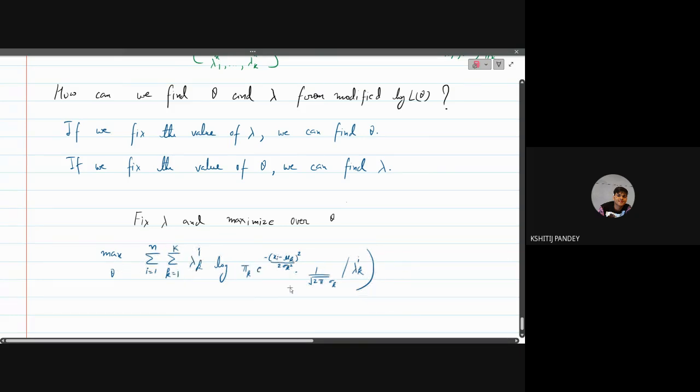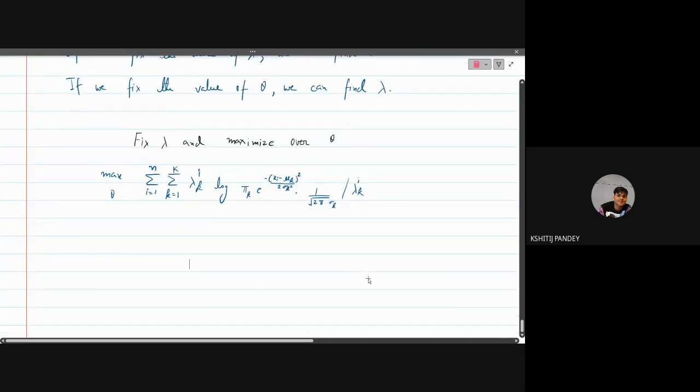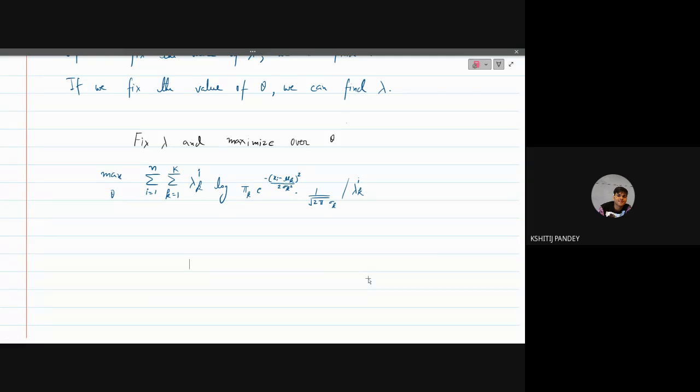We want to find the maximizer of this. Here we are fixing the value of lambdas.